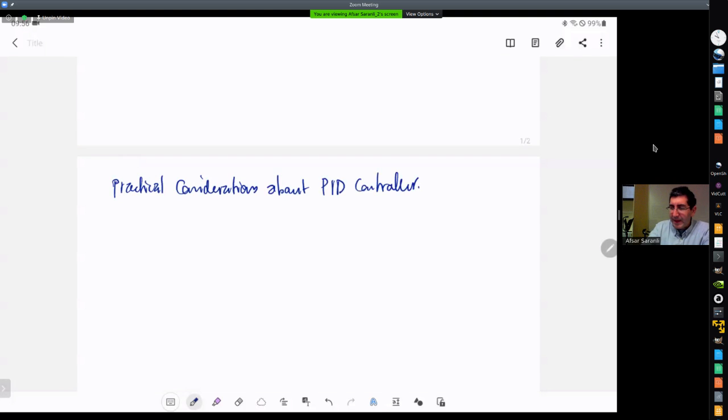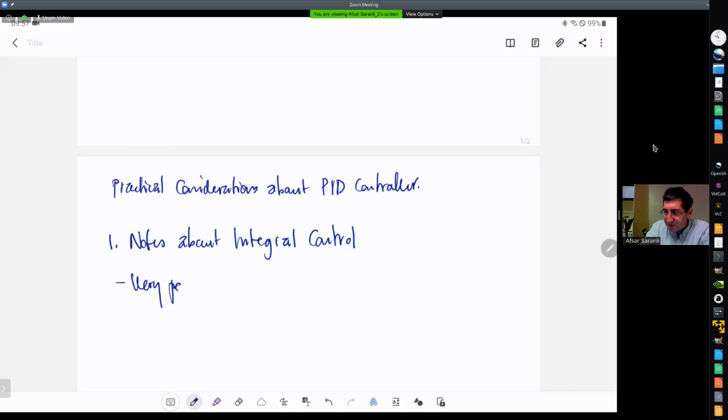Okay, and I will start with some notes about integral control. In fact, we have discussed other issues with derivative control, but I'm going to restate those as well. Okay, so first of all, it's very popular in the industry.